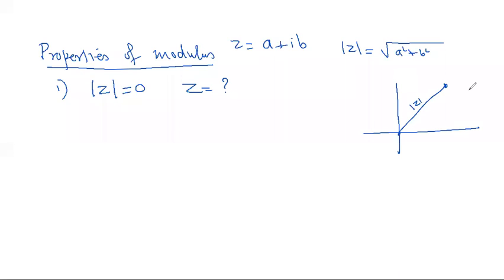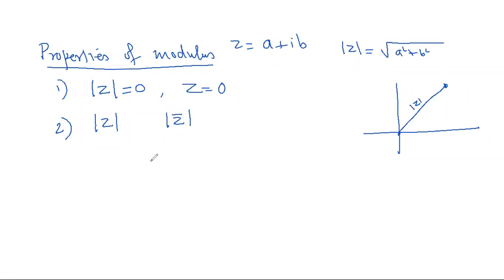So what should be that point? Origin itself. So z will be 0 plus 0i. So if modulus of z is 0, the complex number is 0 itself. You don't have to write 0 plus 0i, you can just write 0. This is the first property. Second property. What can you say about modulus of z and modulus of z bar?